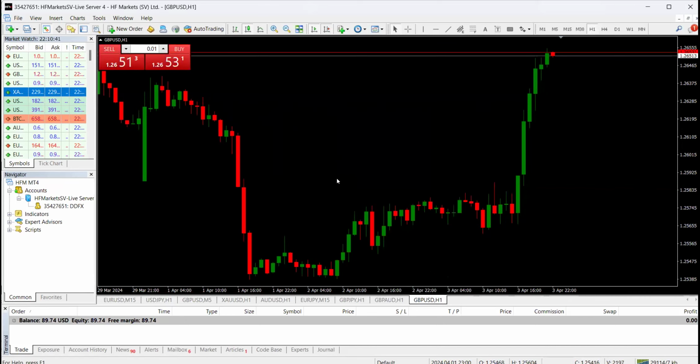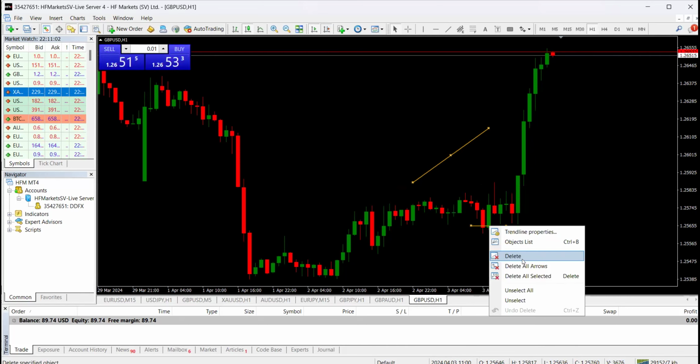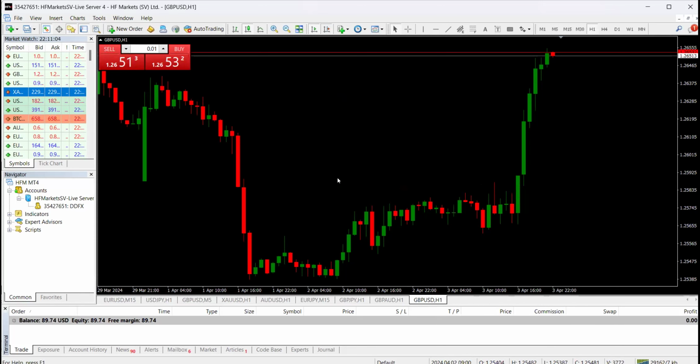Now, when you are going to save the template, anything you put on the template goes with it. So let's say you put a line like this, or you put a line like this before you save the template. This particular line will always go with it. So always make sure that the only thing you want to see on the template is what you keep on the chart at the end of the day.